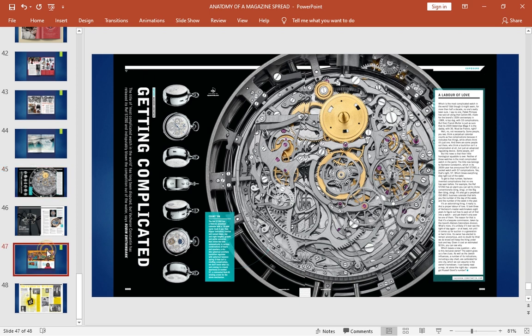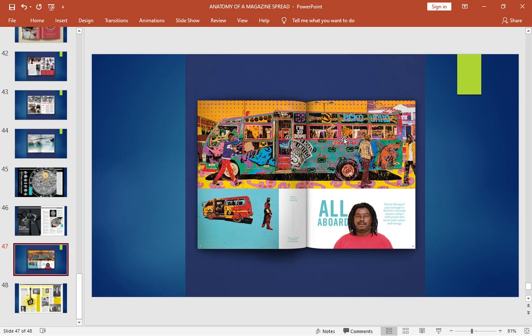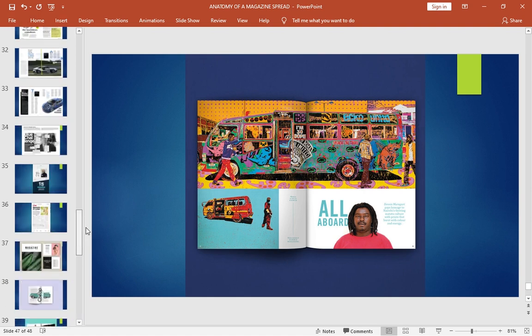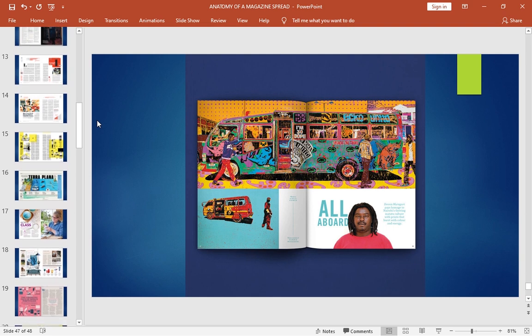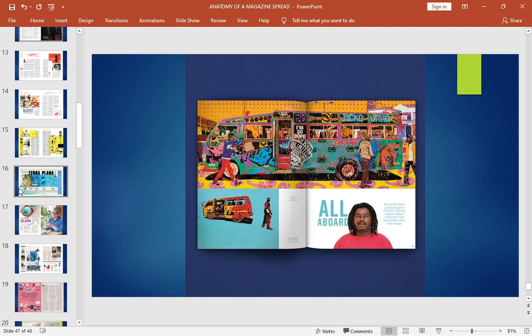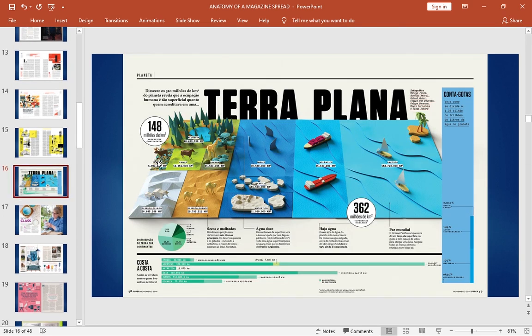This one too, you can see the creativity in the image, the cut out and the perspective of the image. With this one, you can also see the creativity. They've made it look like you can even stand on the image. That's the creativity. You can play around with your images.